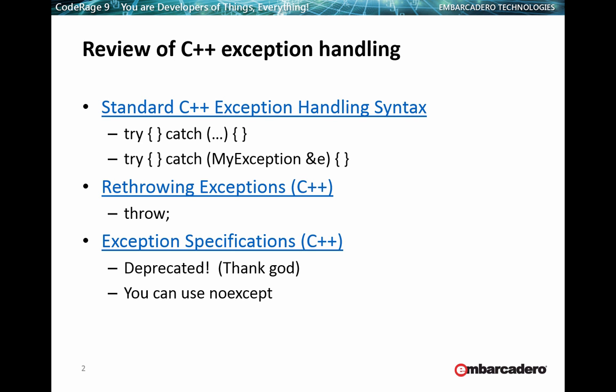So it's really a very unfriendly feature, and in C++11 it's been deprecated. You can use noexcept. Noexcept is a pretty mild thing. It just tells the compiler that the particular function is not going to throw an exception, and that may allow the compiler to do some optimizations, although I'll touch on that a little bit later when we talk about hardware exceptions. Next slide.